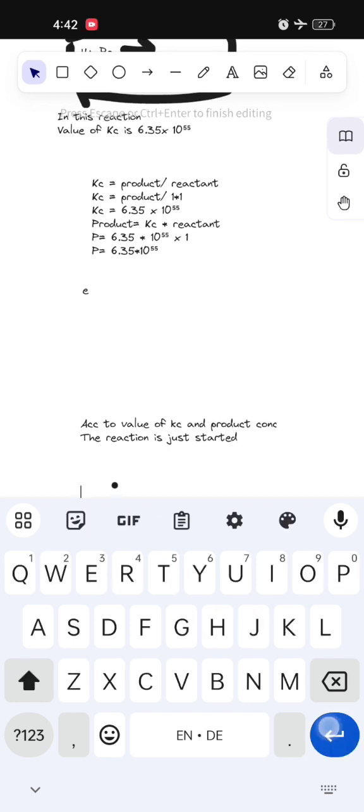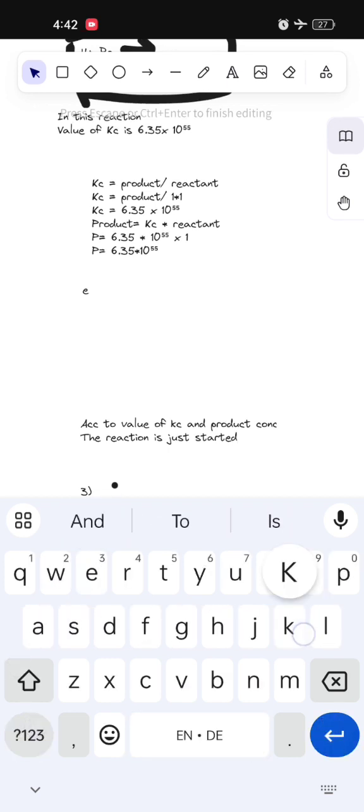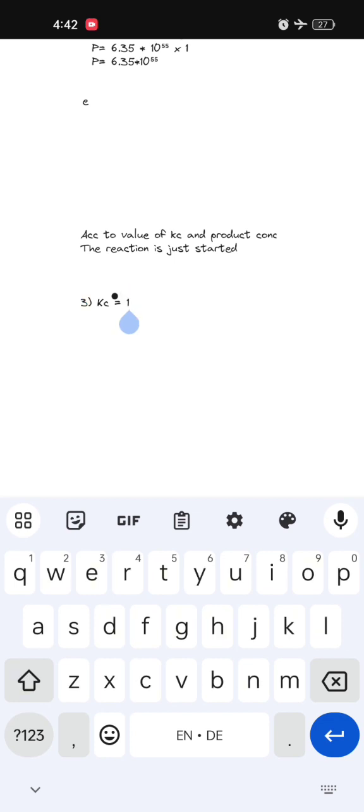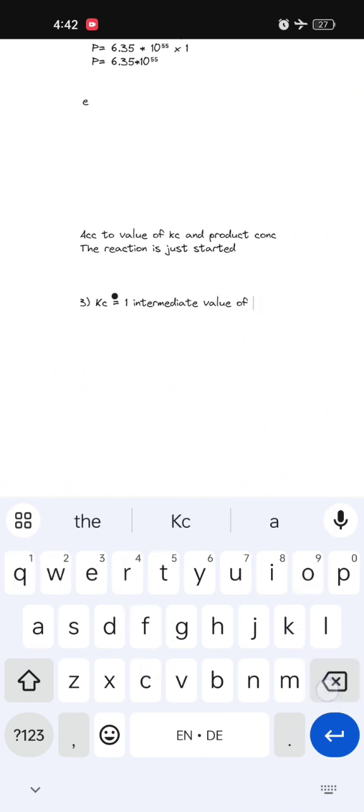And the third possibility that we have is that Kc is equal to 1. So Kc is equal to 1, which is also called the intermediate value of Kc.